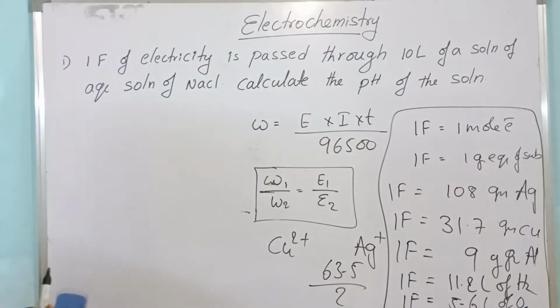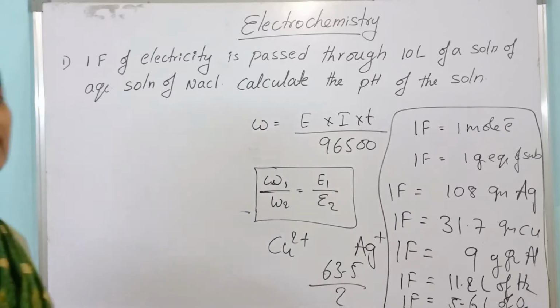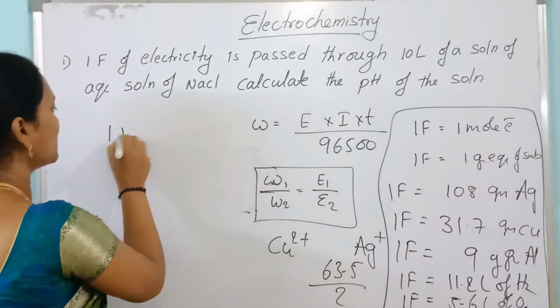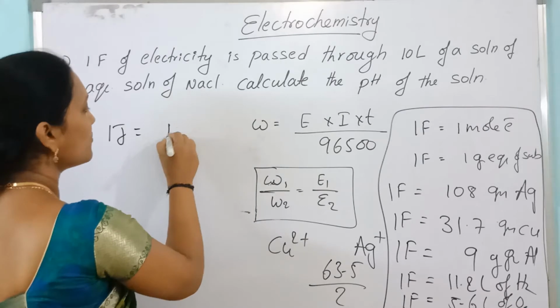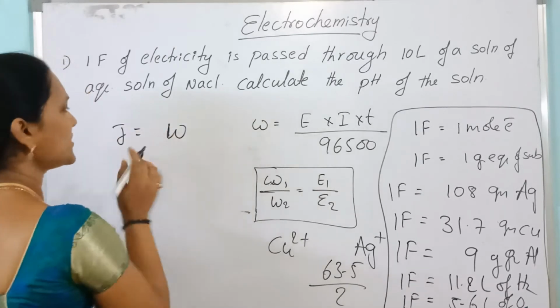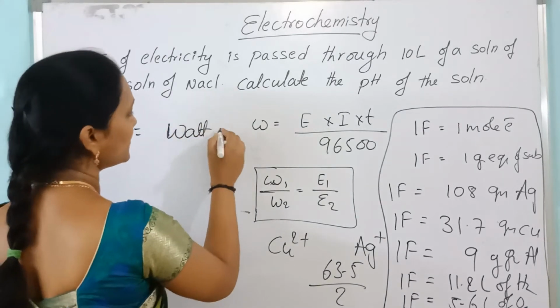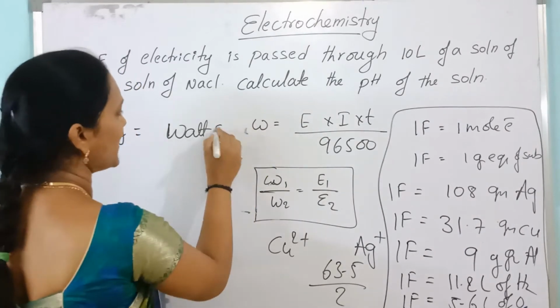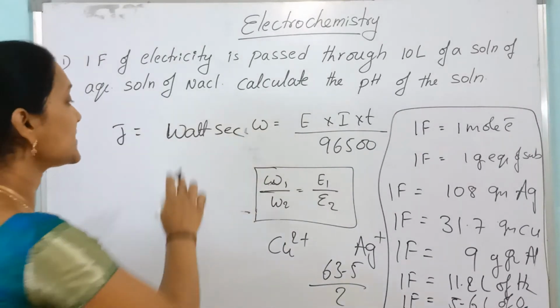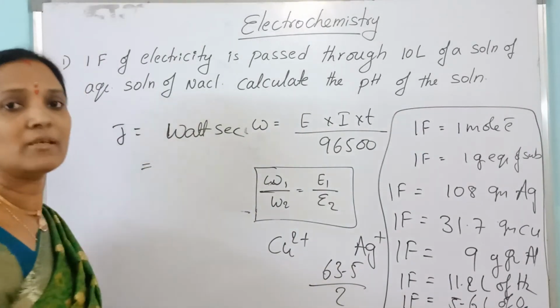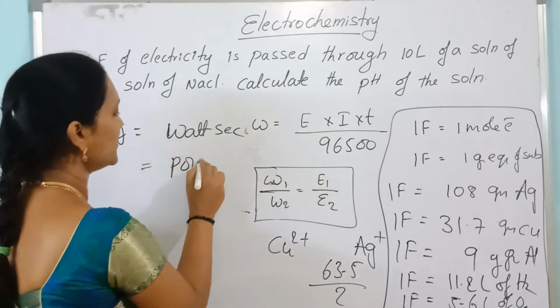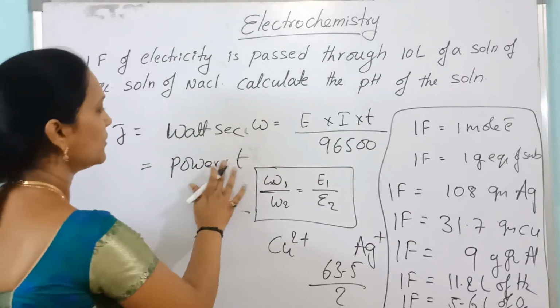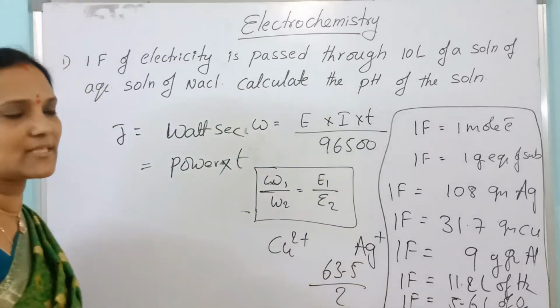Next, other hints. Related to Faradays, sometimes they will ask for work in joules. 1 joule is equal to 1 watt second: power in watts into time in seconds.